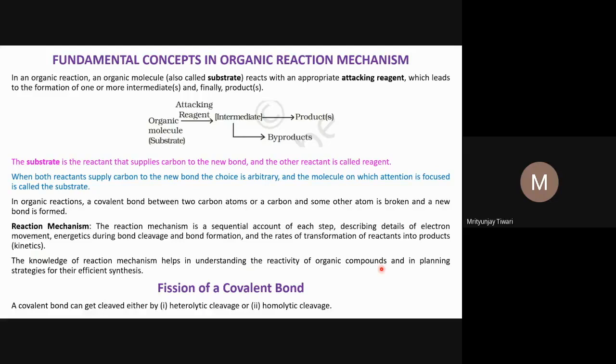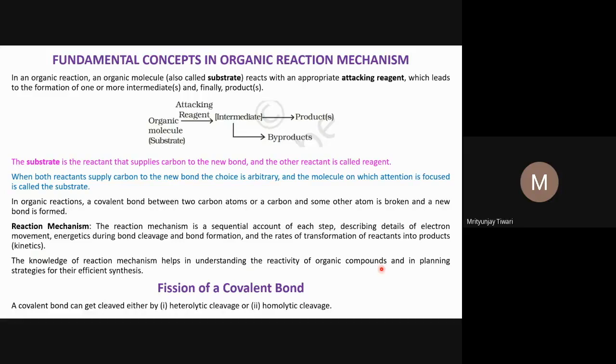Then maybe instead of using two different reactants which perform the reaction in many steps, you can use a single reactant having all the properties of the two or three different reactants. So this reaction will happen in maybe one or two steps. If you reduce the number of steps, the reaction yield will be higher. That is how the knowledge of reaction mechanism is important for anyone who is doing organic chemistry or organic reactions in the laboratory.